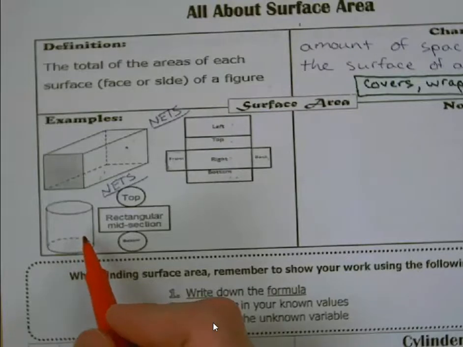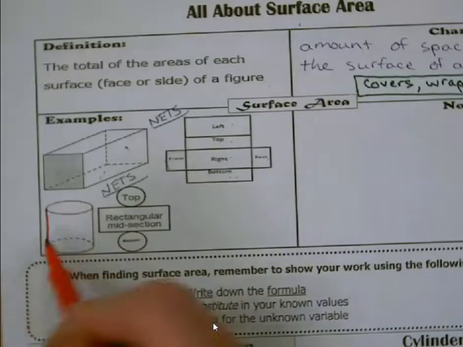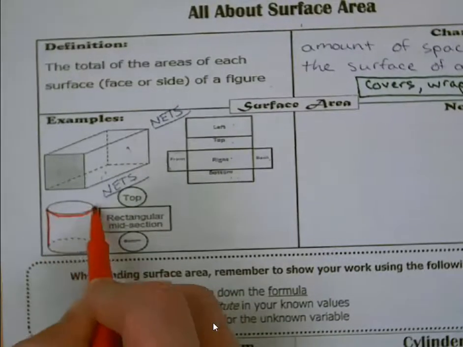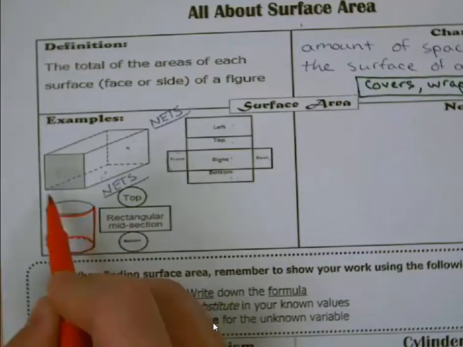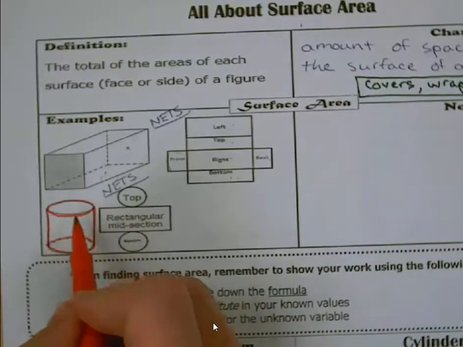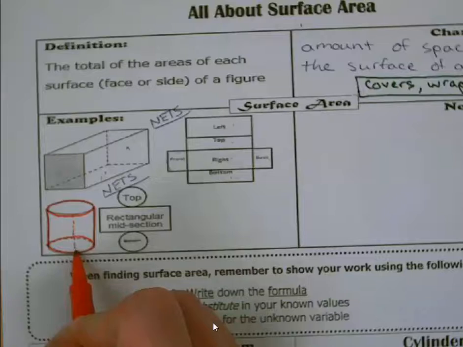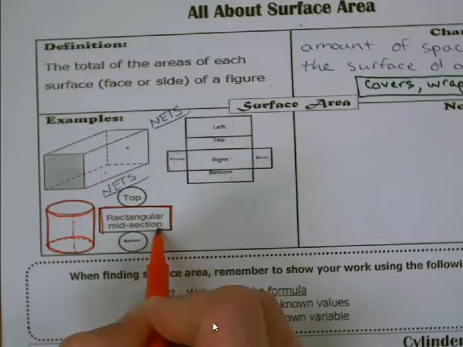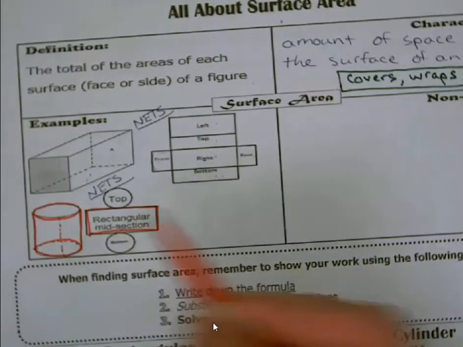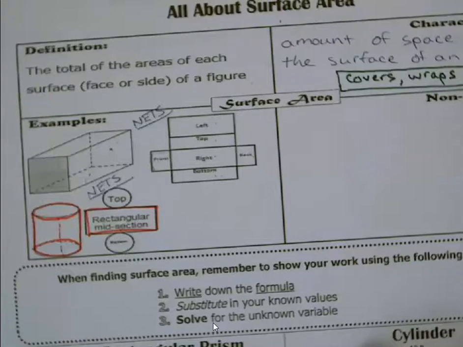Well, you'd have a hollow tube that kind of looks like a paper towel tube. If you were to cut that tube in half, right down the middle, and then flatten it out, you would get a rectangle, which is definitely easier to find the area of.